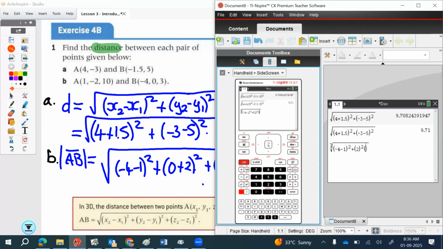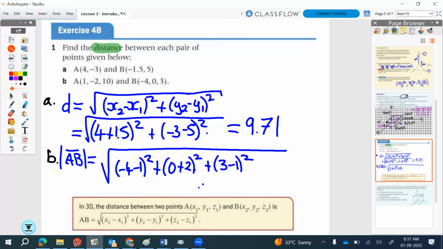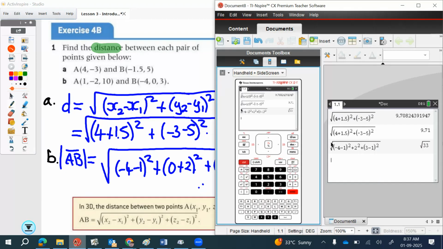You don't have to type it in, you can do the arithmetic in your head if you want, but I'm just showing you how to do it. We press enter, and we get root 33. This is an exact answer, so we can answer it like this. If we wish to have a decimal approximation, we press Control Enter, we get 5.74.